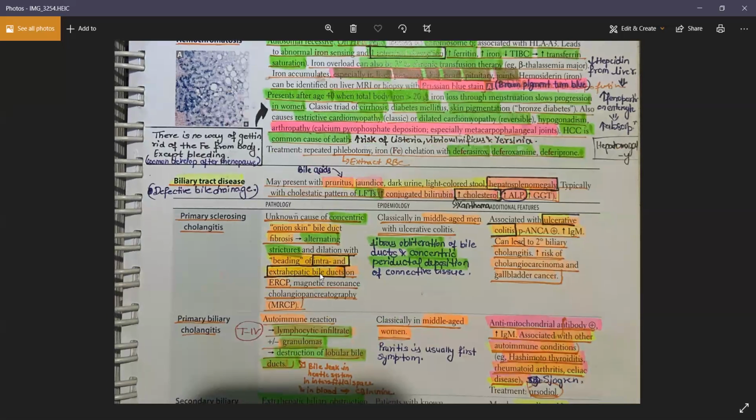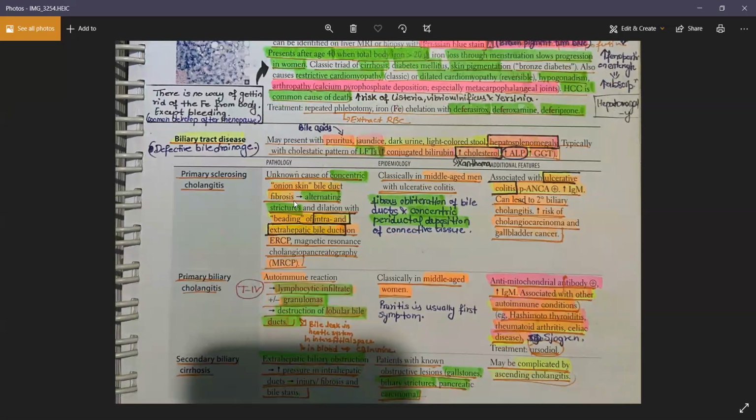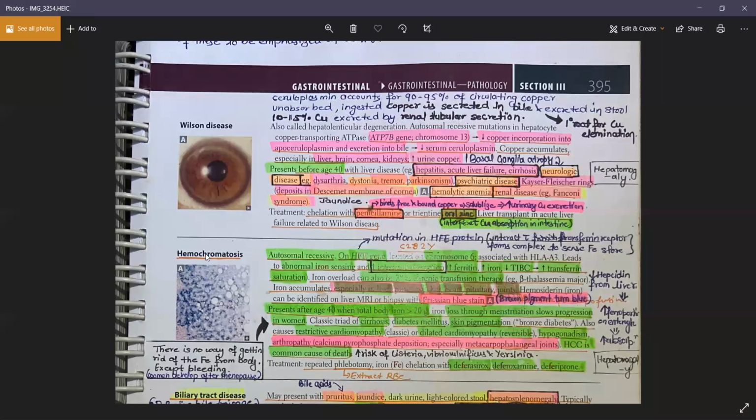Then comes the biliary tract diseases. These two diseases, Wilson's disease and hemochromatosis, what kind of hyperbilirubinemia can they cause? Unconjugated. Why unconjugated? Because they damage the liver, and since the liver is damaged, it cannot convert unconjugated bilirubin to conjugated.